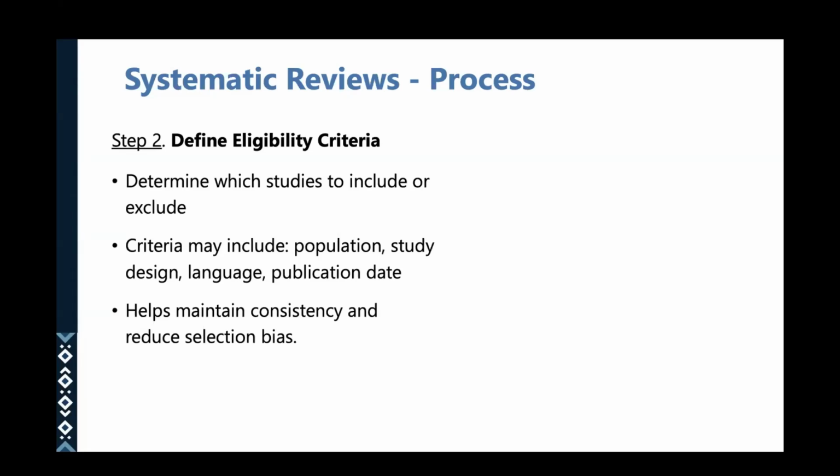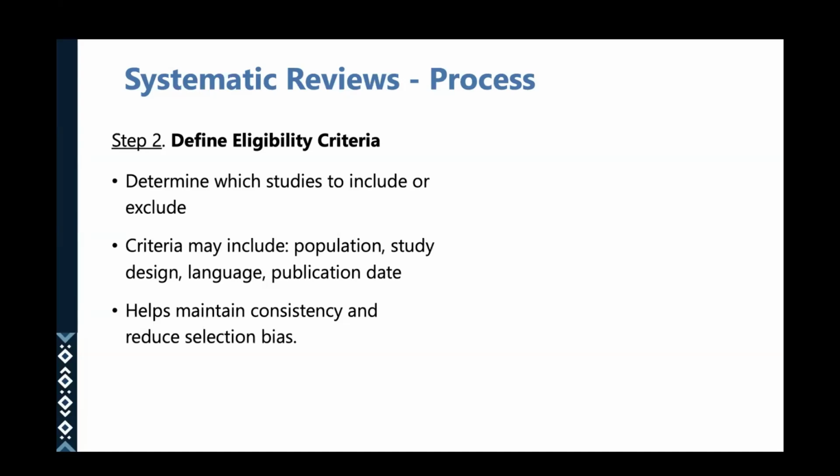So if you use the PICO framework, it also really helps you to define the eligibility criteria. And these components of PICO, such as the population, can help you to know I'm including people from this population. The study design, studies using what language, when were these studies published? So the publication date is very important.